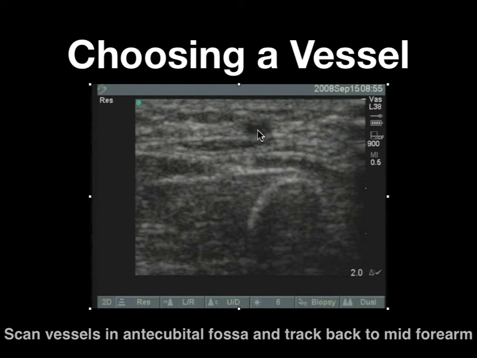So keep in mind, try and use a vein within the forearm. They tend to be more stable, they're more superficial, and I think that you'll end up with better target choices here. This concludes the introductory ultrasound-guided vascular access lecture.